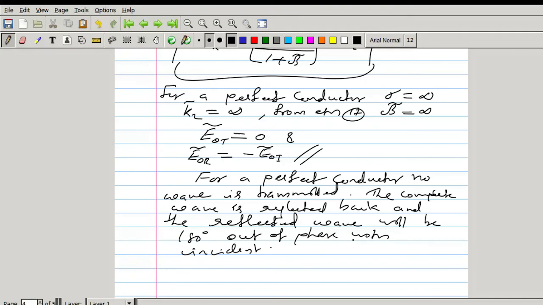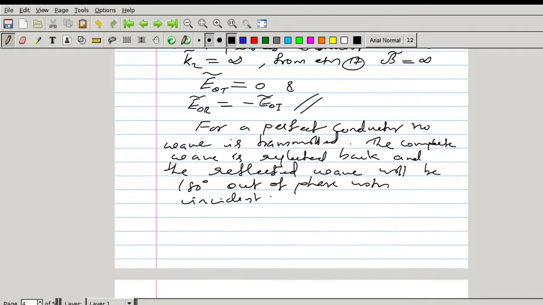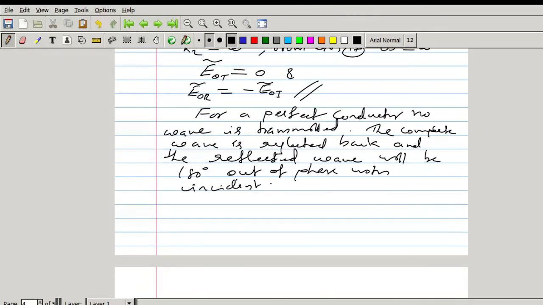So in the case of a perfect conductor, the complete wave will be reflected back, no wave will be transmitted. Due to this negative sign, the reflected wave will be 180 degrees out of phase with the incident wave. So an electromagnetic wave cannot propagate through a perfect conductor.